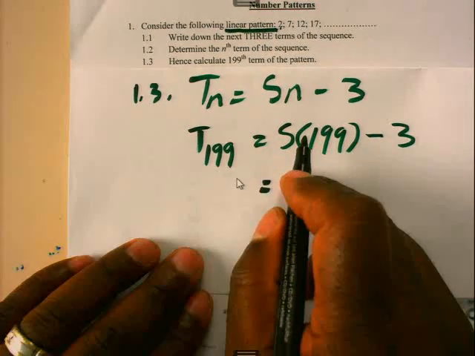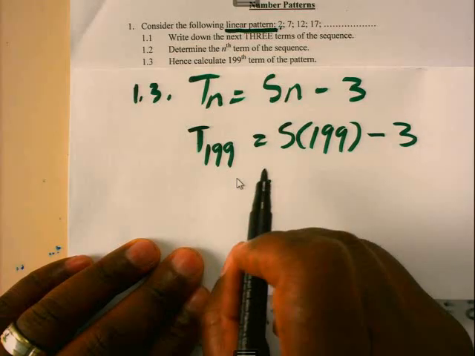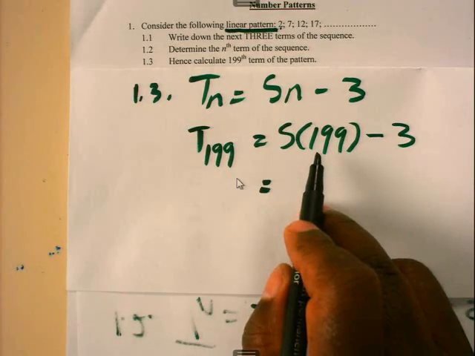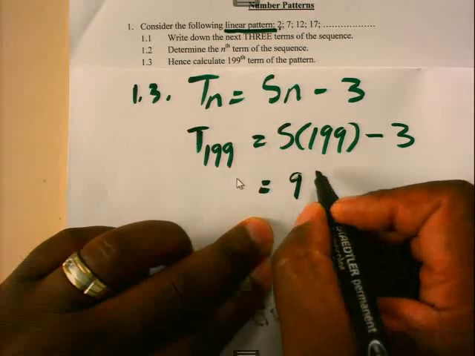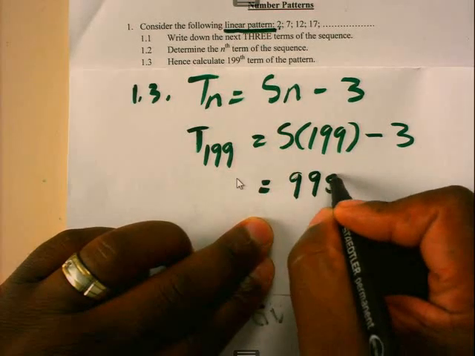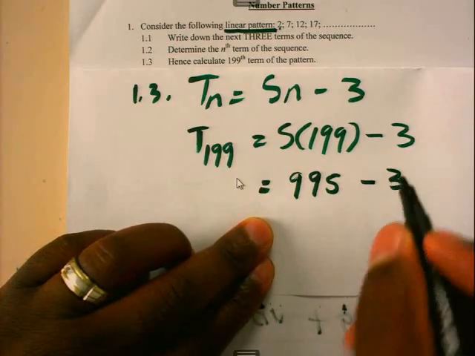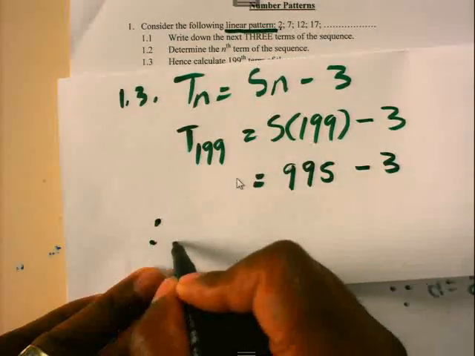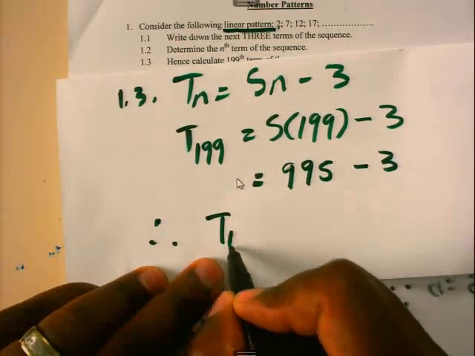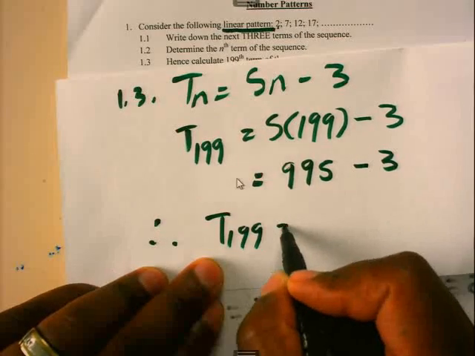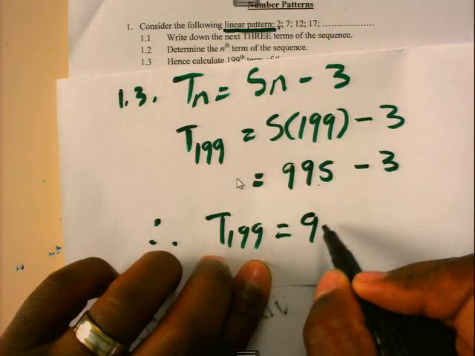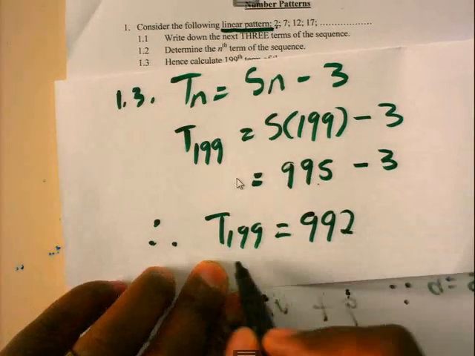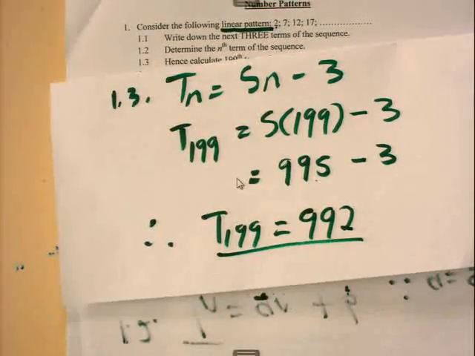You take out the calculators. 5 multiplied by 199 will give you 995. It gives 995 minus 3. Therefore, term number 199 will be equal to 995 minus 3, which gives you 992. And this answers 1.3.